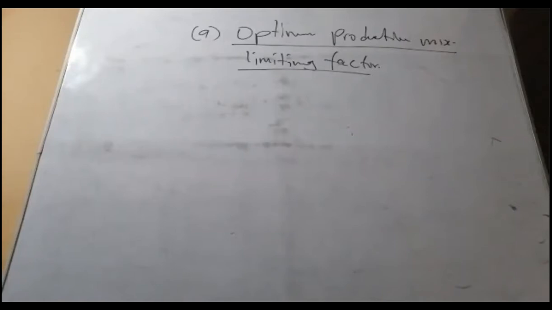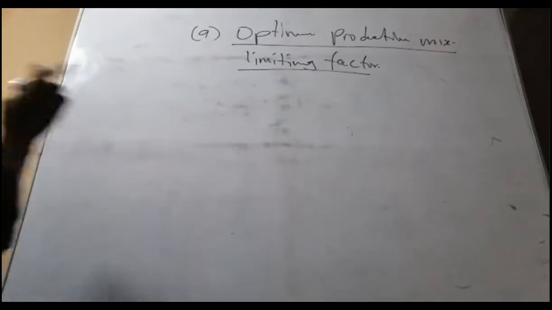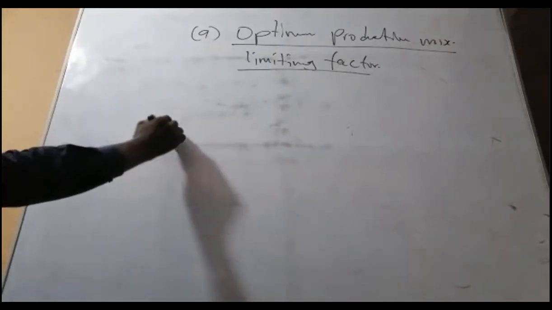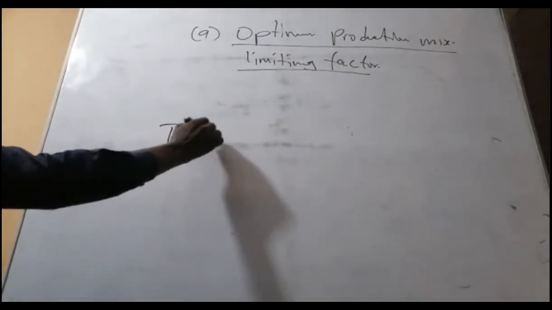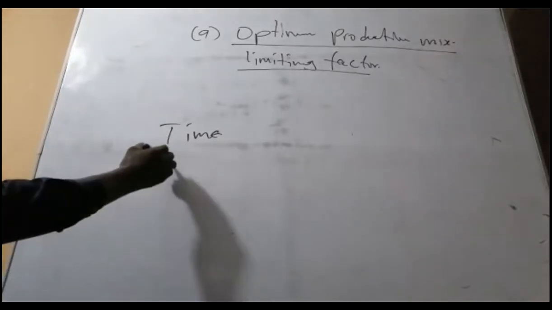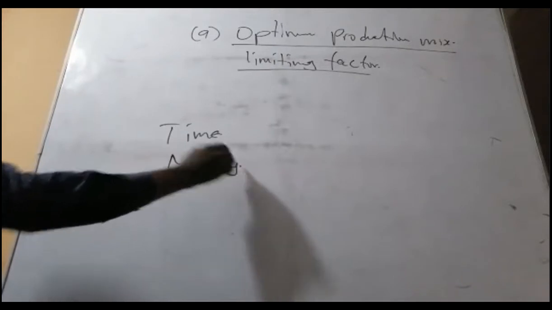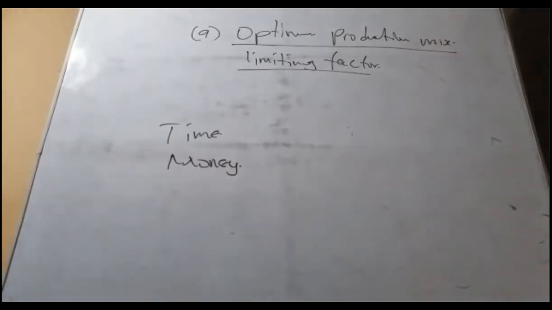If you get it correct, then ICA will give you marks. 2 items that you need for your exams. 1, you need time. 2, you need what? Yes, you need money, exam registration.